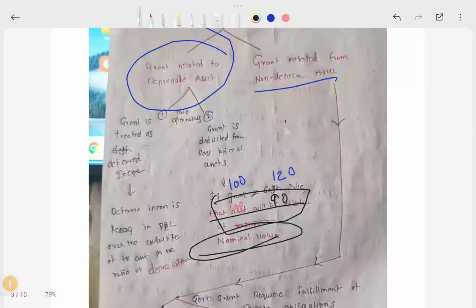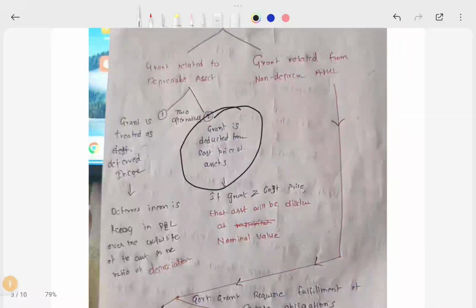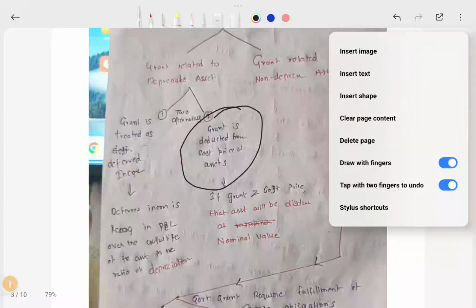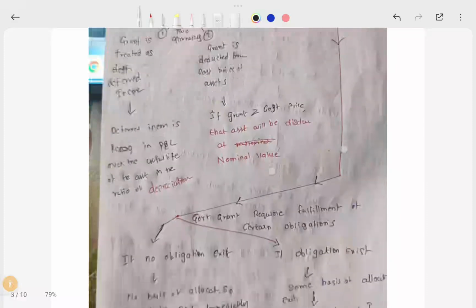Suppose PPE asset 1 rupee to creditor 1 rupee. So this nominal asset, you should show at nominal value, 1 rupee or 10 rupees accordingly. In this option, we are showing the net of the amount while disclosing the grant. But in the other option, this situation will not come, because we will show it on a gross basis only.